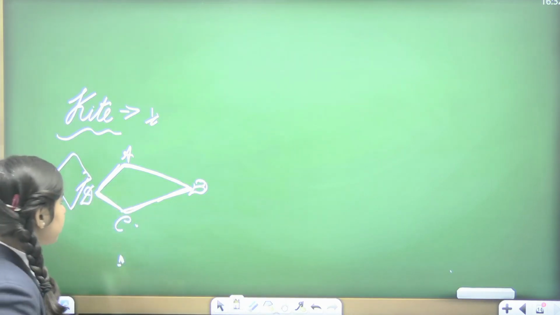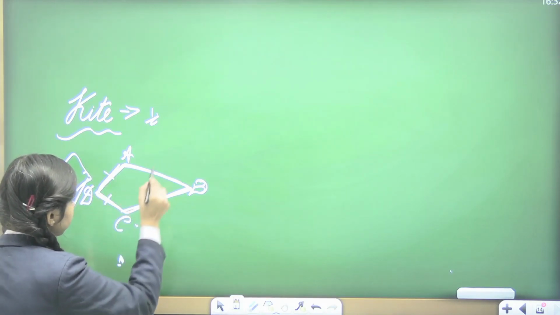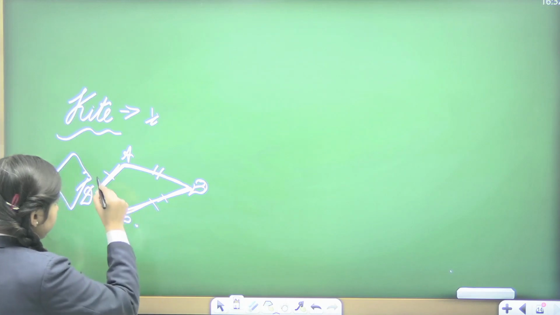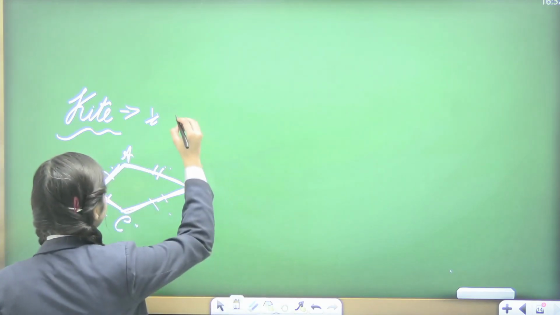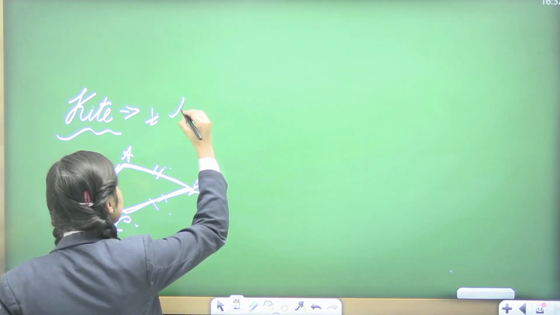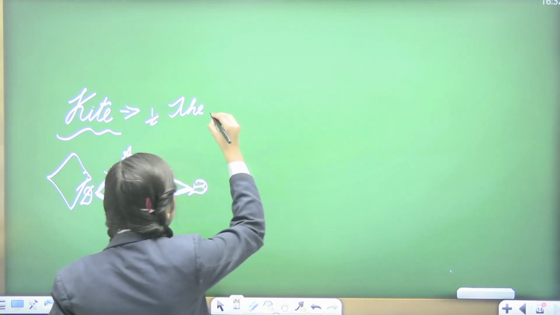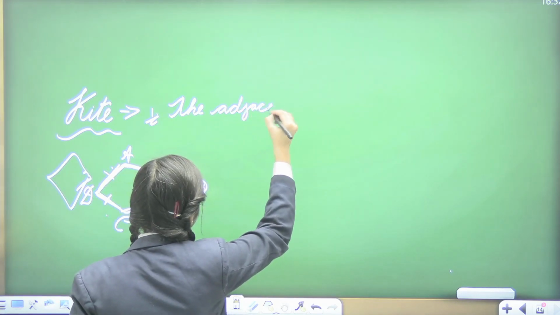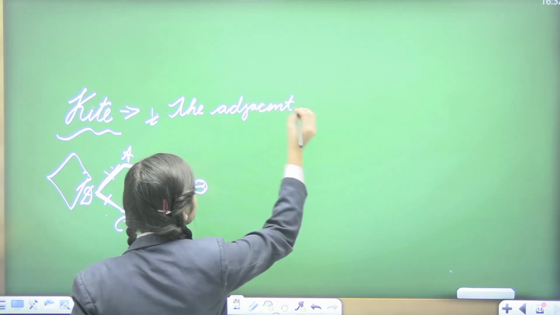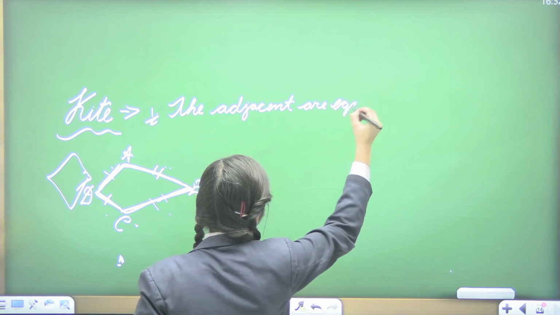These are equal, as we can see. These two and these two are equal. So the first point is that the adjacent sides are equal.